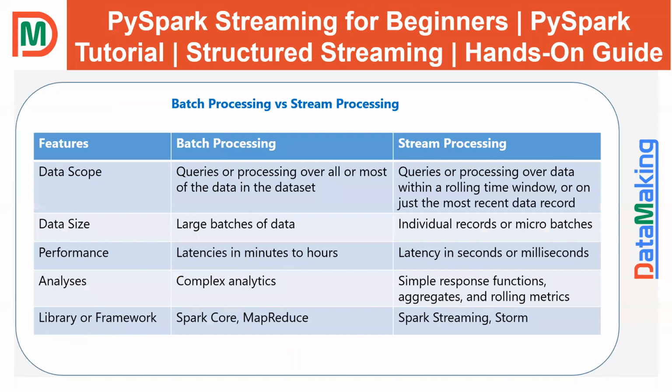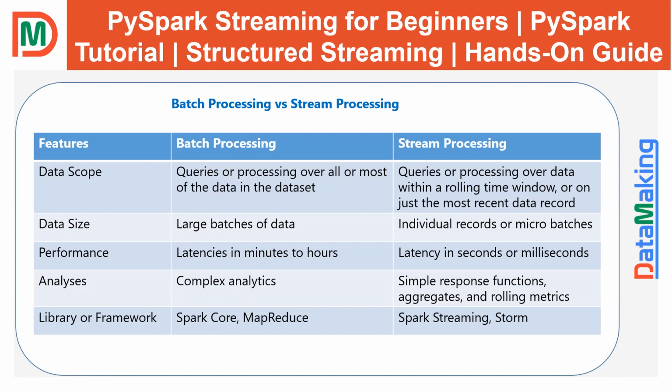So basically, what is the difference between batch processing and stream processing? What we discussed already: in batch processing, the data will be sitting in a data source, and when we apply the processing or query, we apply it on the entire data set most of the time.